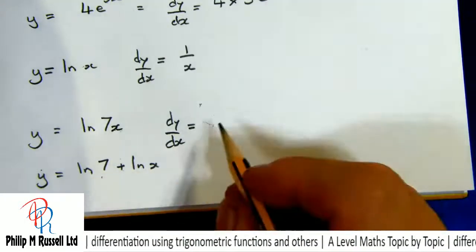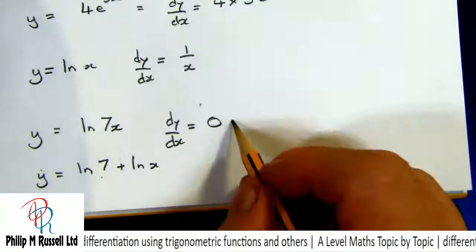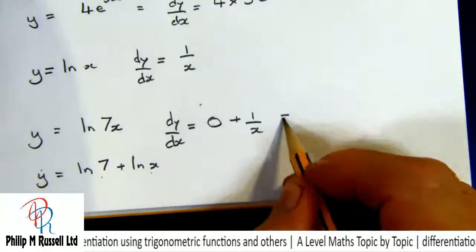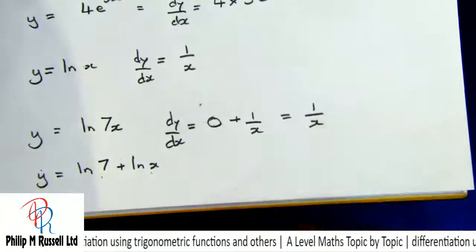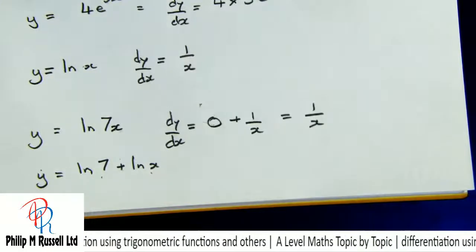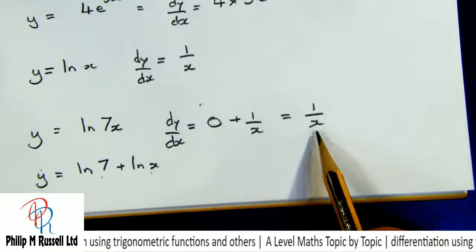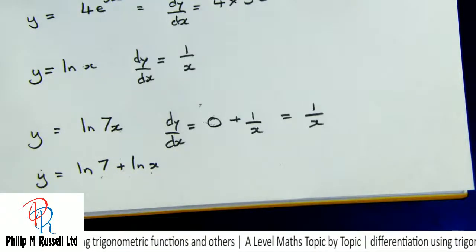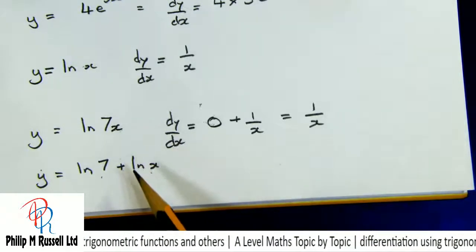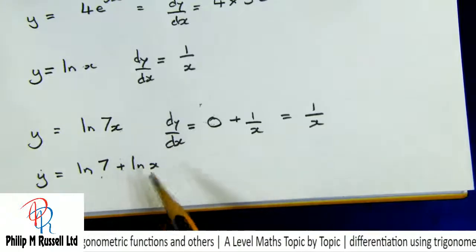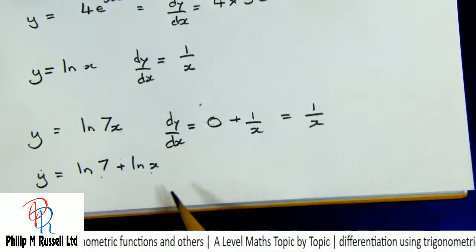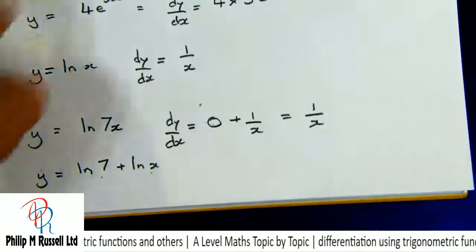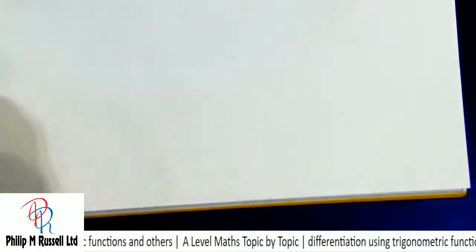Differentiate this, it becomes 0 plus this one, which is going to be 1 over x, which gives us 1 over x. And that tends to be surprising to people when they first start doing it. But it is a case of trying to think of these as basically separate logs.